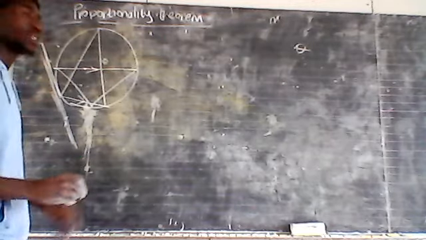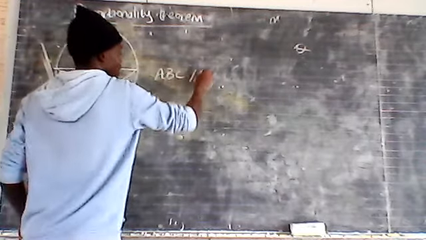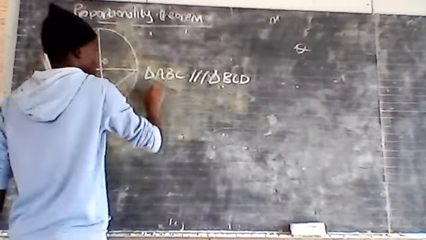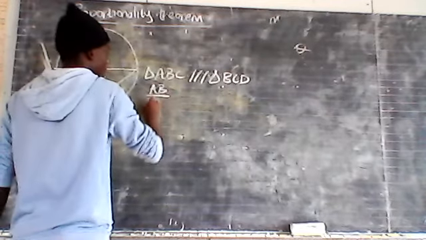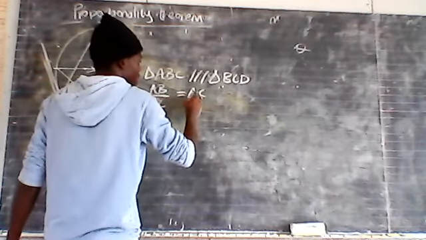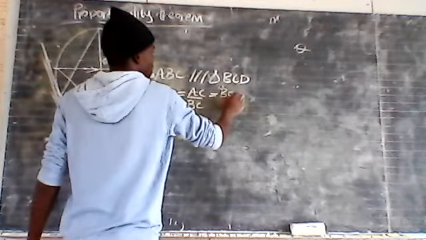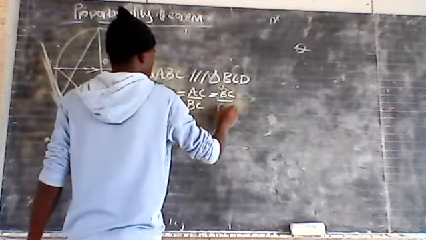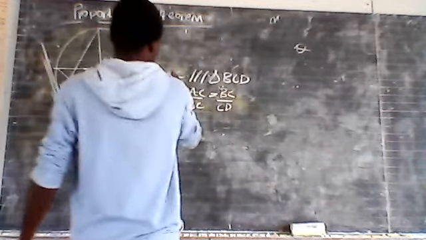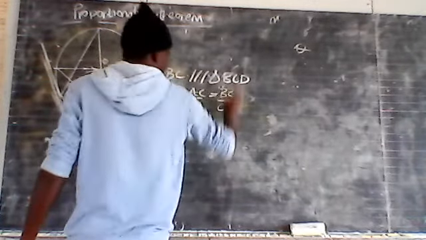So if you are having triangle ABC being similar to triangle BCD, remember we said we could conclude that your AB divided by your BC should equate to your AC divided by your BD, which should also be equal to your BC divided by CD. I think I'm having a lot of BC's there. Okay, but let's leave it that way.